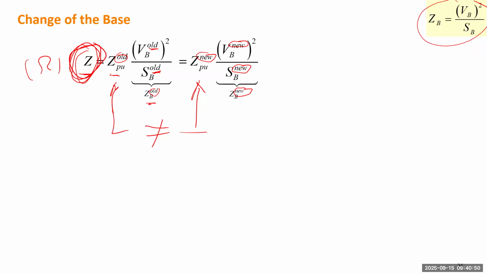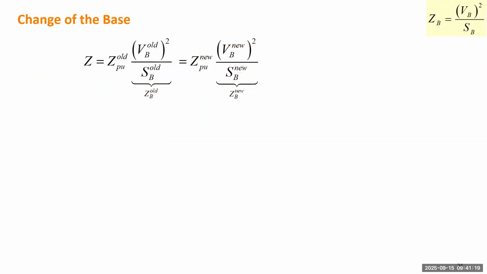So this tells us we can select any base value. We don't have to make a base value exactly the rated value or some value typically used. To serve some purpose, we can choose a different voltage or different power value as the base. That will give us a different per unit value, but that doesn't affect the actual physical value.